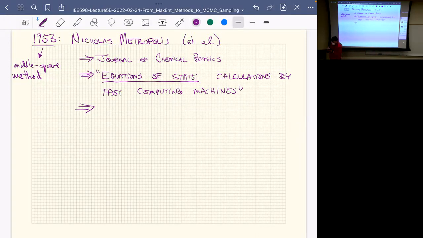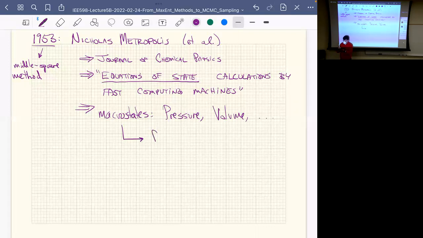And so we have these macrostates like pressure, volume, etc. And you can think of each one of these as being a function of the microstate. And maybe I'm going to use a capital F for this.